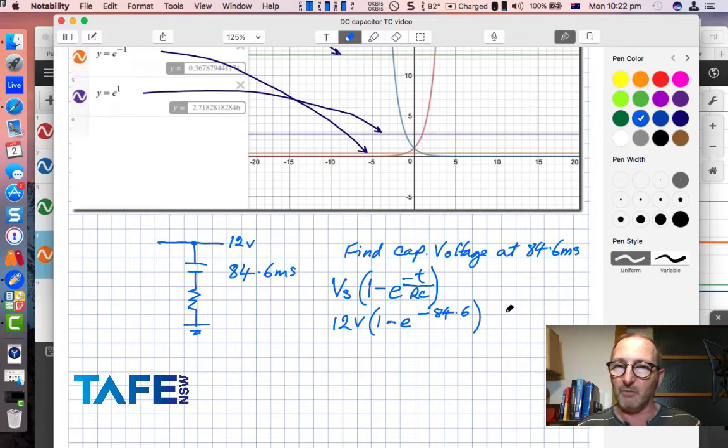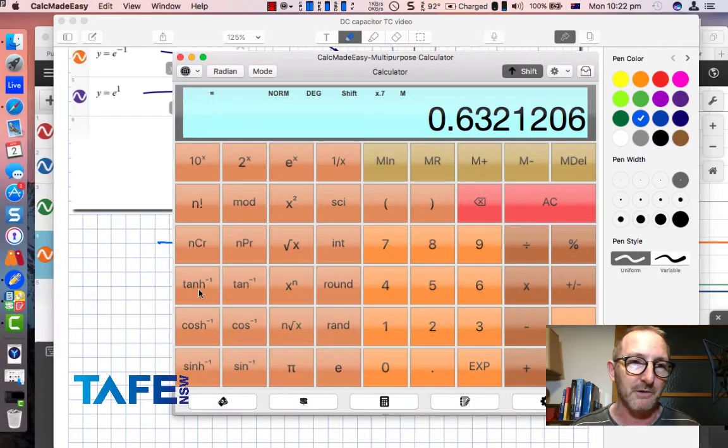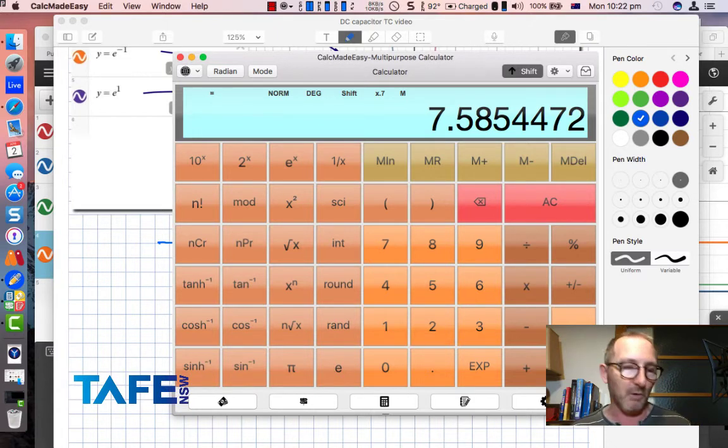If I run the calculations on that, we know that was 63.2%, so we have to multiply that by 12 volts. I'll just multiply that by 12 volts, and that gives me 7.585 volts.